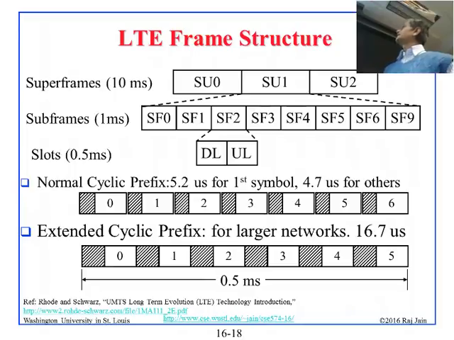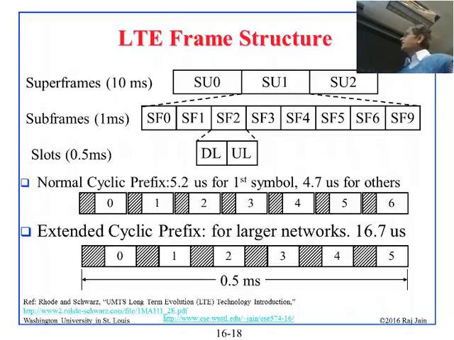Each of these is 10 milliseconds long. And for some reason, they don't call it frame. Each super frame consists of subframes which are 1 millisecond long. So this super frame consists of SF0, SF1, all the way to SF9, 1 millisecond long. Each subframe consists of 2 slots, which are half a millisecond long.